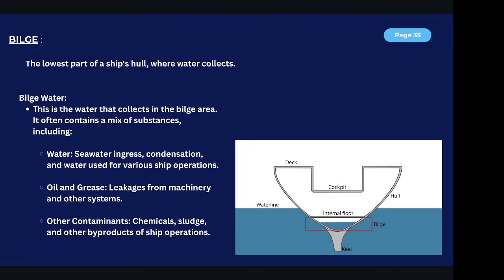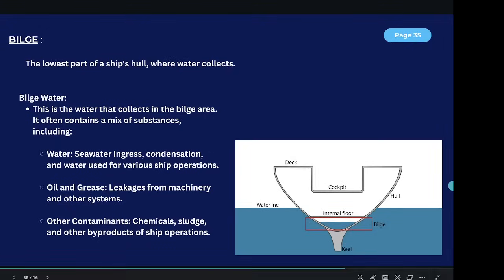It often contains mixed substances, including water: seawater ingress, condensation, and water used for various ship operations. We also have the oil and grease, the leakage from the machinery and other systems. And also other contaminants, such as chemicals, sludge, and other byproducts of the ship's operations.